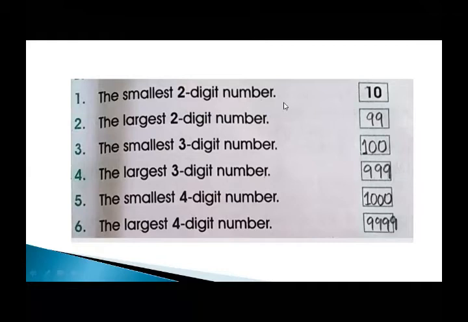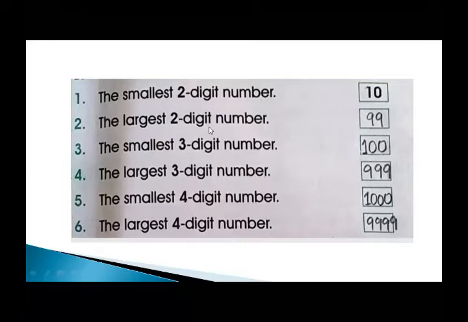After 10, the largest 2-digit number is 99. After 99, what comes? 100. So 100 will become the smallest 3-digit number. Same as above: the largest 1-digit number is 9, then the number after 9 is 10, so the smallest 2-digit number is 10.